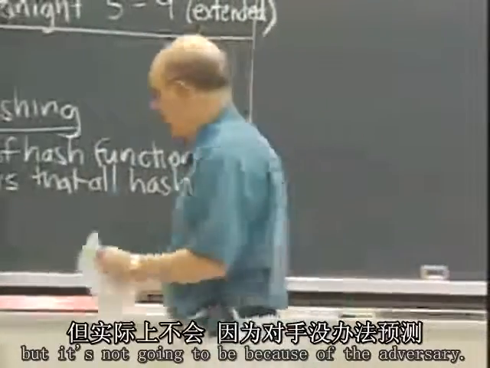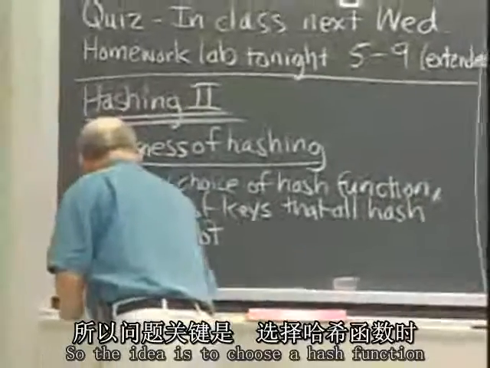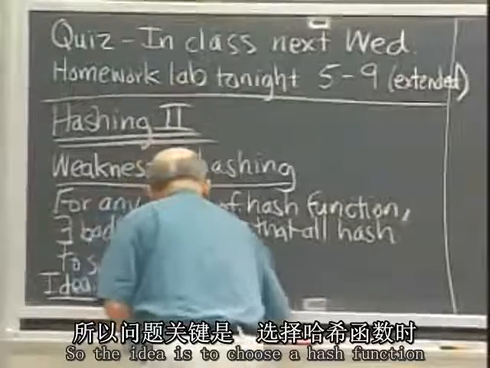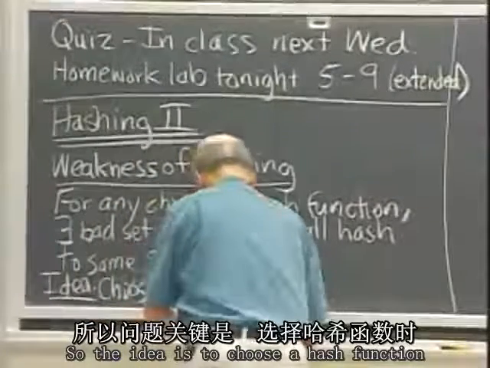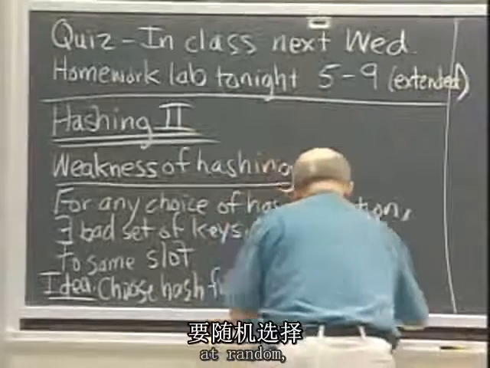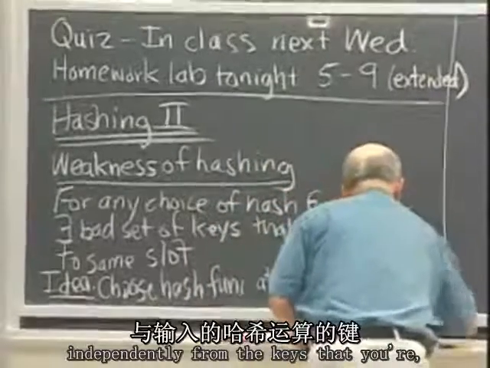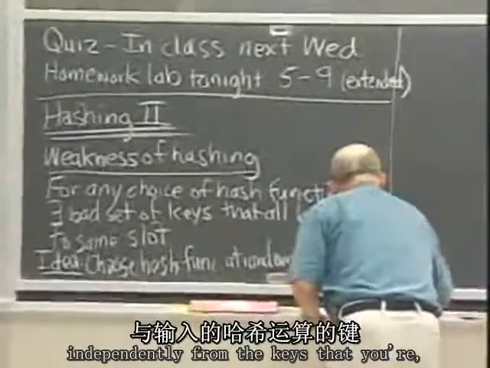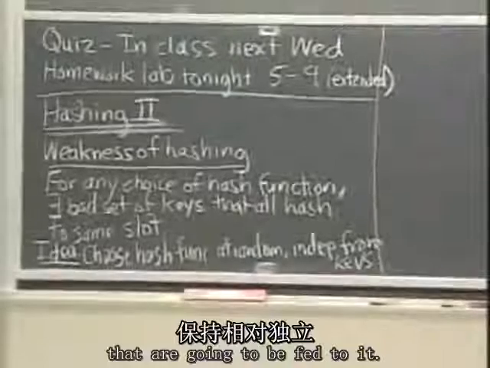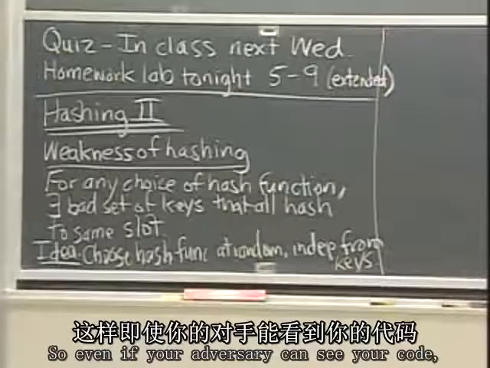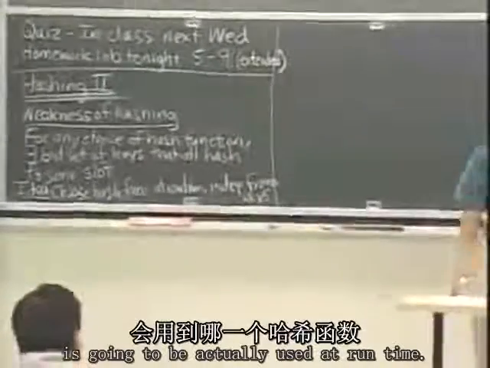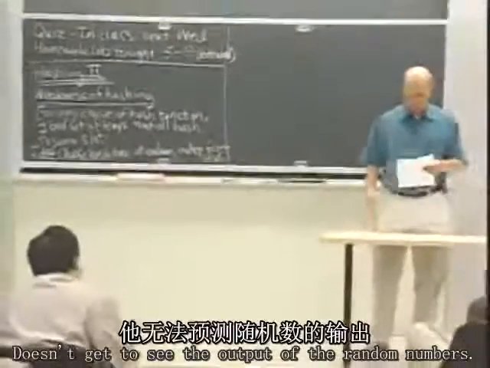So the idea is to choose a hash function at random, independently from the keys that are going to be fed to it. So even if your adversary can see your code, he can't tell which hash function is going to be actually used at runtime. He doesn't get to see the output of the random numbers.